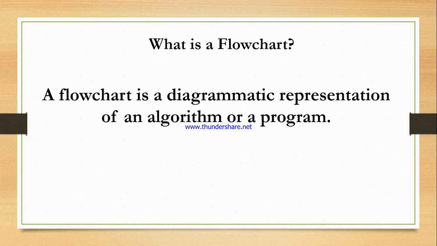These symbols are very easy for us to represent a program. That is why flow charts are made. Flow charts are made to represent the program easily, so that we can understand it by seeing it. By seeing the flow chart only, you will be able to understand it.